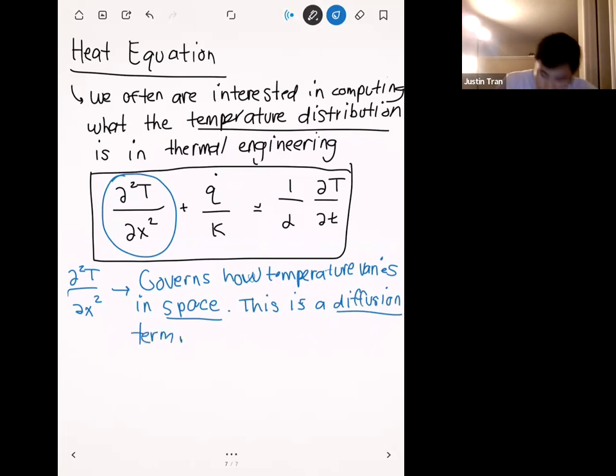So have you guys heard the term diffusion before? Veins. What do I mean? I'm not sure what you mean by veins. Oh, varies. I'm sorry.